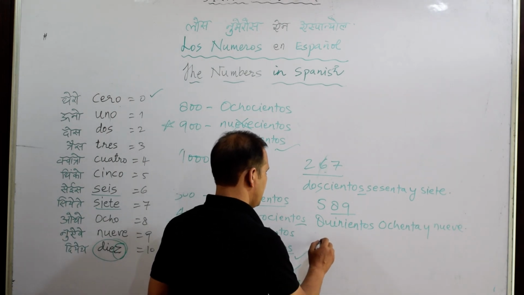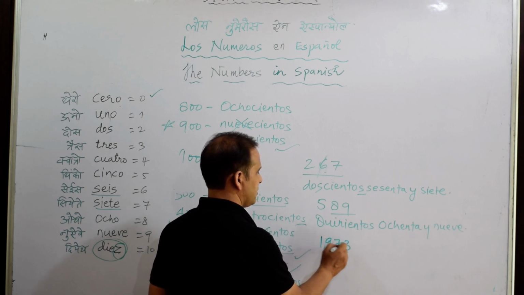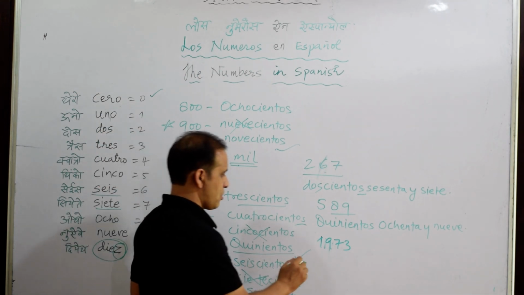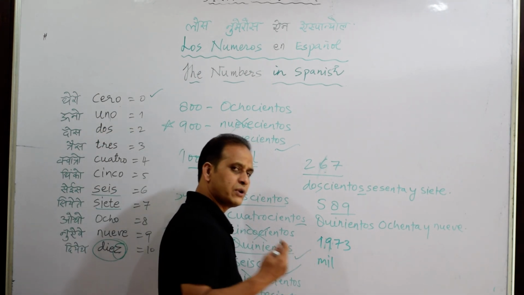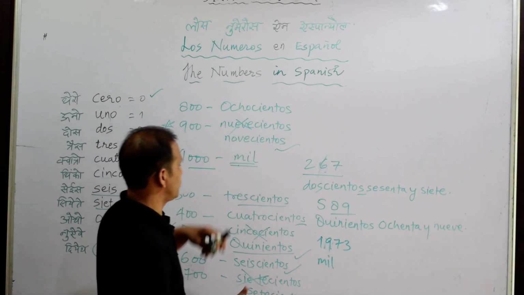If it is 1973, for example. So for 1000 it is mil. So how will you say? Mil. Mil means 1000. 900, we have learned 900 is novecientos.